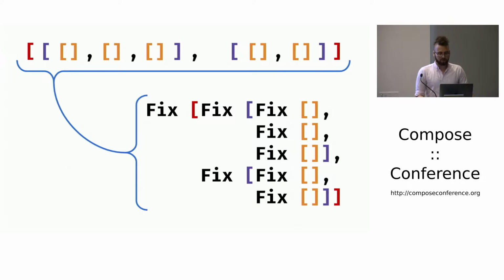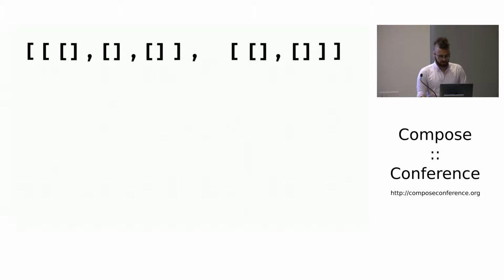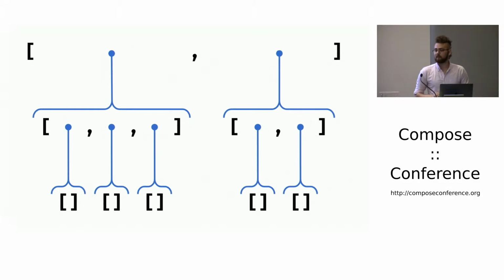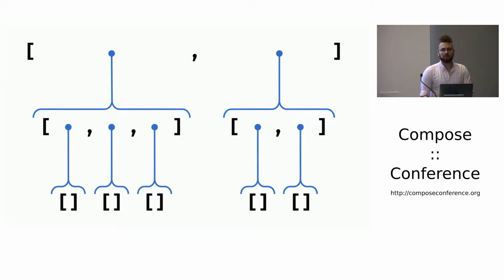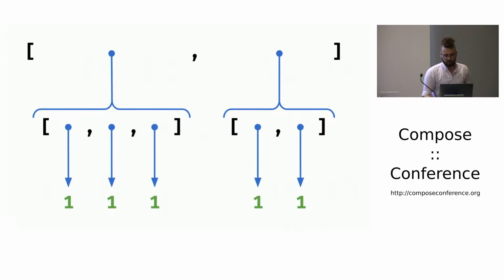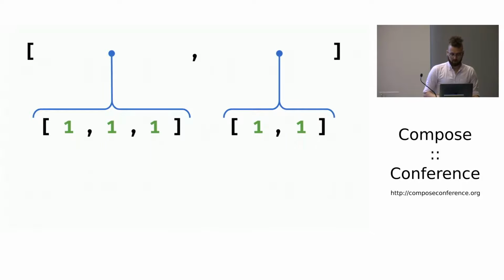So here's my tree. My tree looks like this, or more tree-likely looks like this. And I'd like to fold it with the function that I just gave. So what's the base case? Well, the base case is the sum of the empty list is 0 plus 1 is 1. Okay.